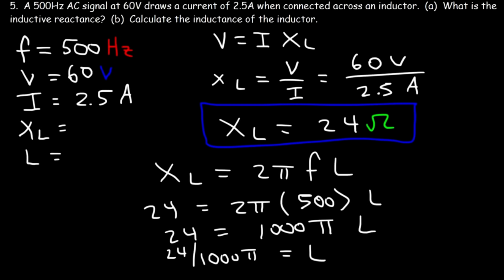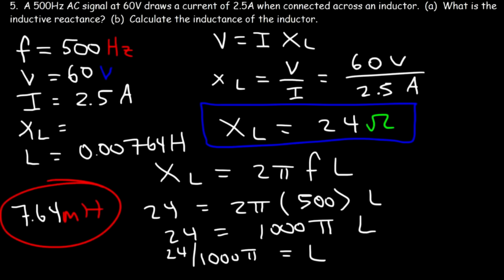And so L is 0.00764 henries. To convert that to millihenries, multiply by 1000. So it's about 7.64 millihenries.